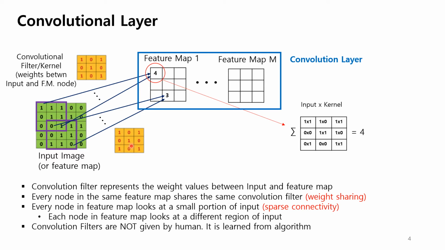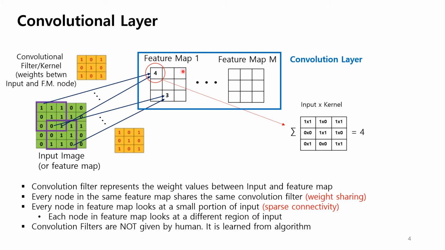Within the same feature map, the weight values are the same across all different nodes in a single feature map, but the weight values are different in different feature maps.